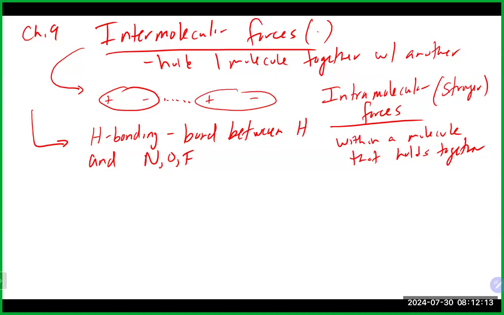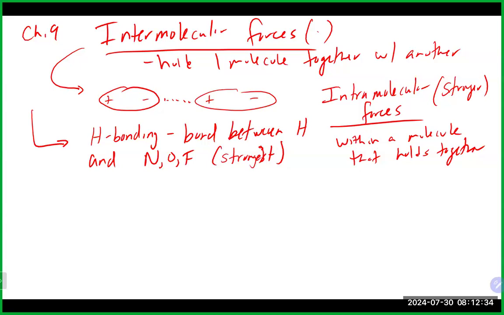That's going to create a really polar bond, and that's going to give it that positive, negative side that it needs to interact with intermolecular forces. This is pretty much your strongest intermolecular force that you're going to come across.